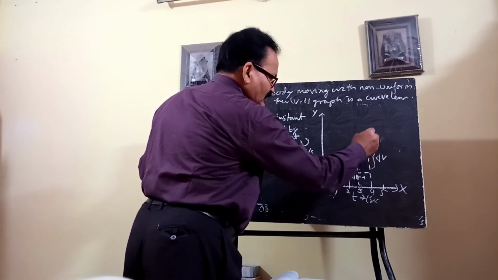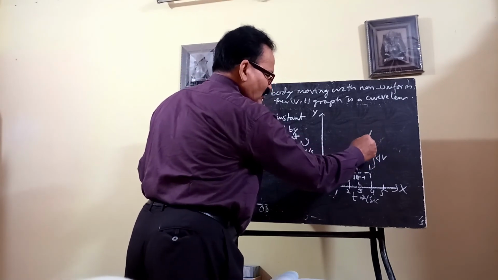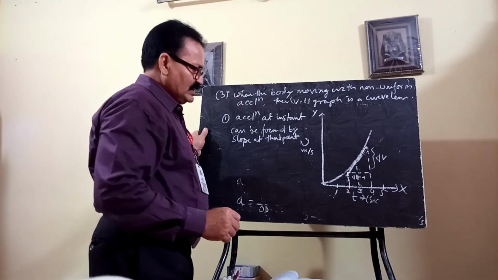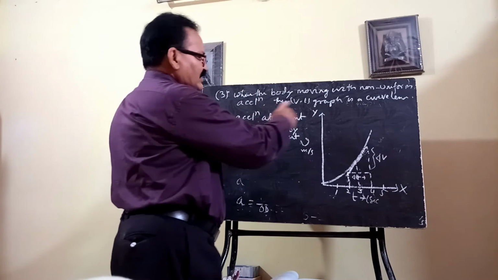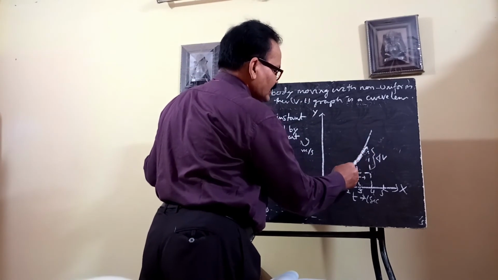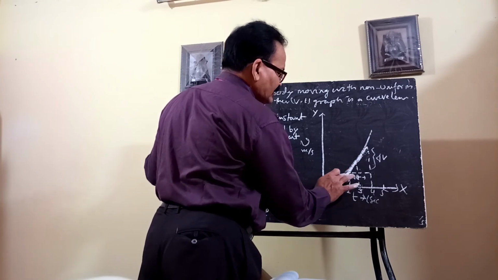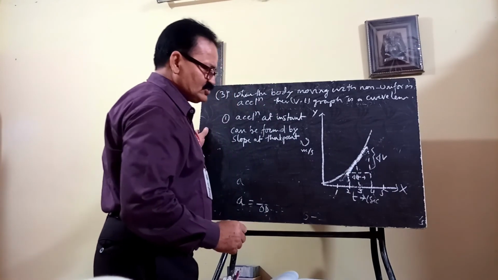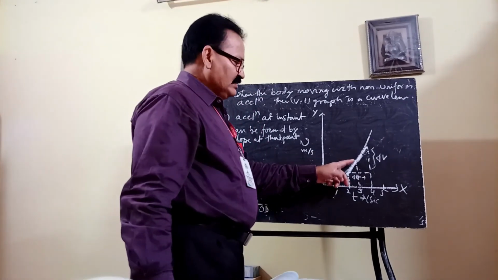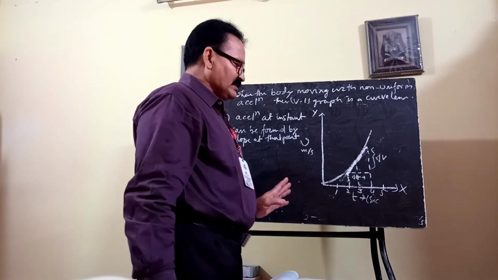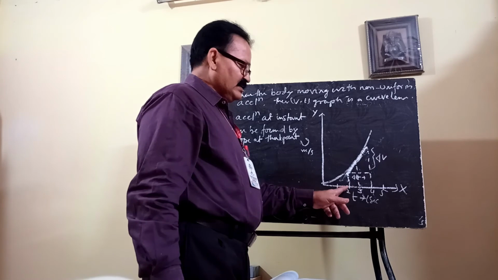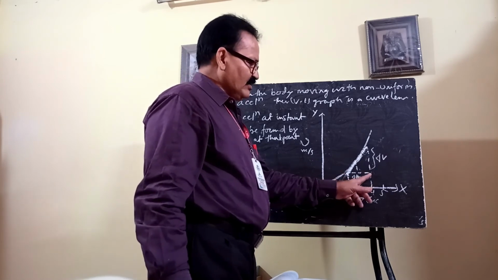So for this curved line, because the body is moving with non-uniform velocity, the body undergoes non-uniform acceleration. In this case, acceleration can be determined by finding the slope at that instant. You draw a tangent, and from this tangent you draw the vertical line along with the horizontal line.